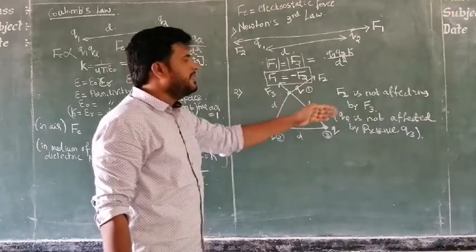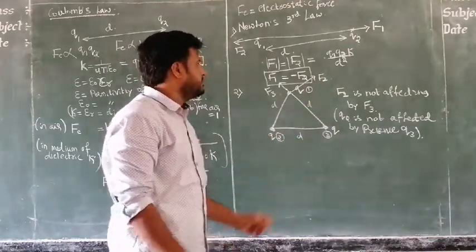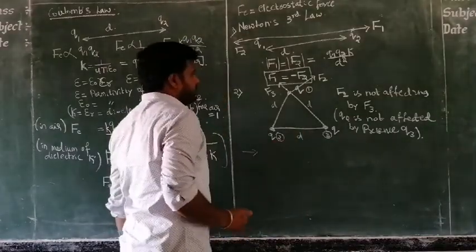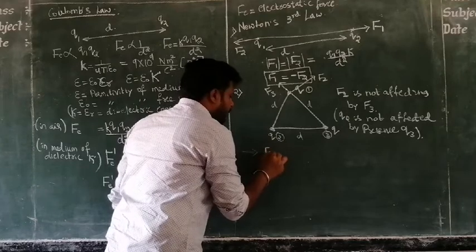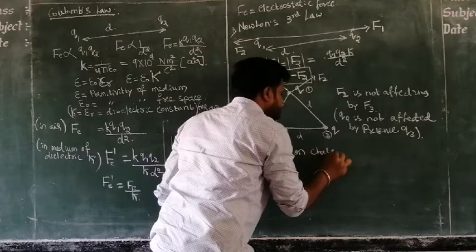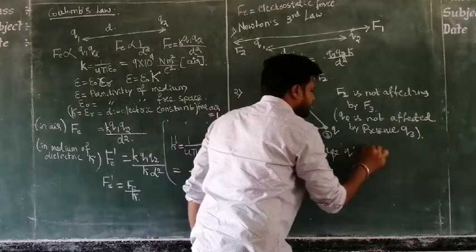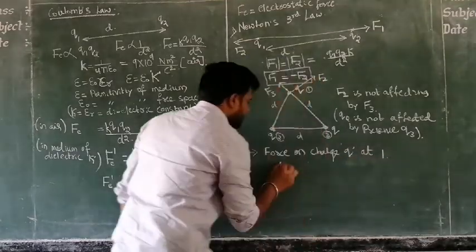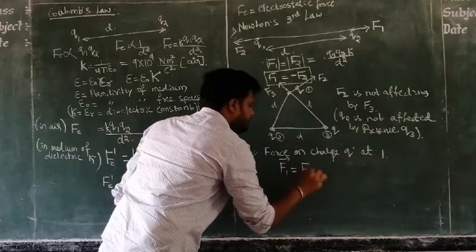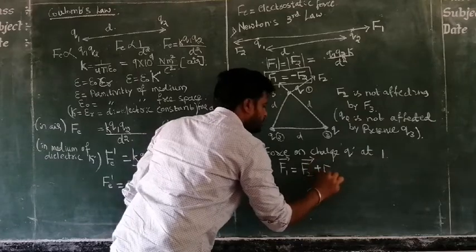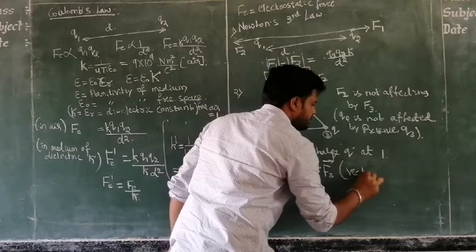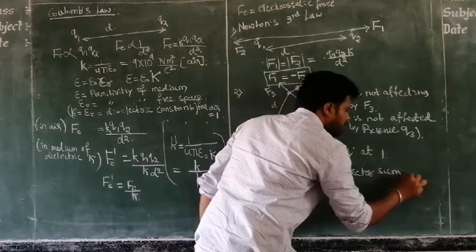Once that is done, what is one more thing? Suppose the force on charge Q at 1, F1, equals the vector sum of the forces acting on it. Vector sum of forces.